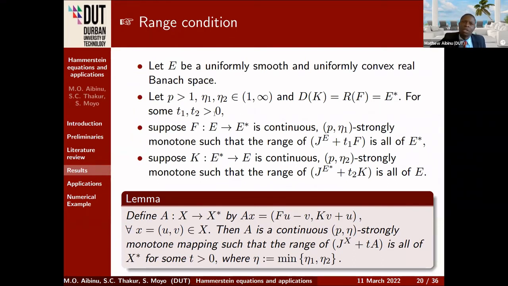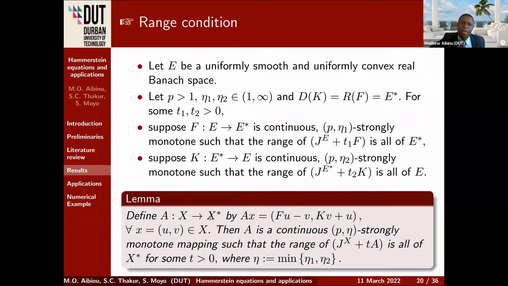And for T1, T2 greater than 0, we suppose that F is continuous, p eta 1 strongly monotone, so that the range of J_E plus T1 F is all of E star. And also suppose K is defined from E star to E, continuous, p eta 2 strongly monotone, so that the range of this is all of E. Then we prove this lemma.